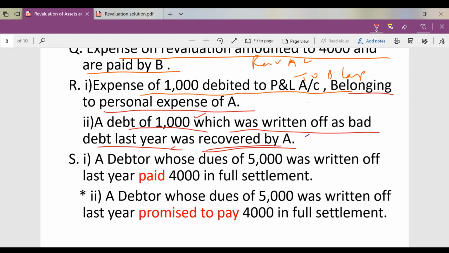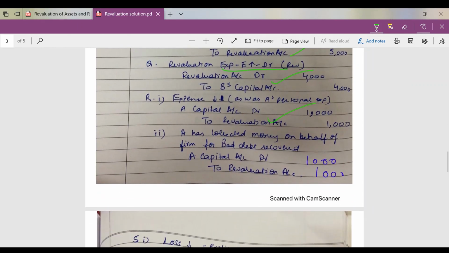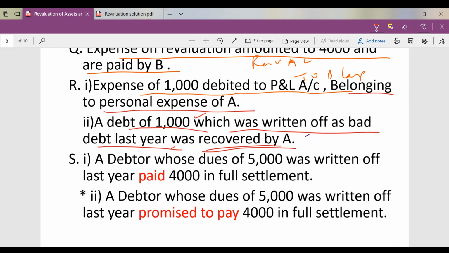So it's a revenue for them. But now we have to take this money from A, right? So that means I'm going to debit A's capital account and credit the revaluation account. So entry would be A's capital account debit to revaluation with 1,000 because he is going to recover the money and we need to take it from A. He has recovered it earlier from the person.